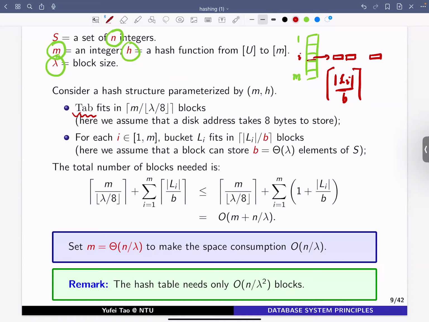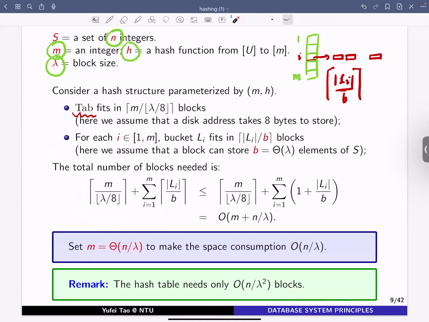Okay. Now, if you add up what we have already calculated, so this is the number of blocks needed for the hash table. This is the number of blocks that you need for one bucket, and then you do the summation here, okay, over all the buckets. And then this is the total number of blocks that you will need.